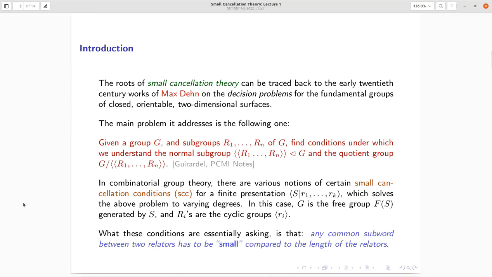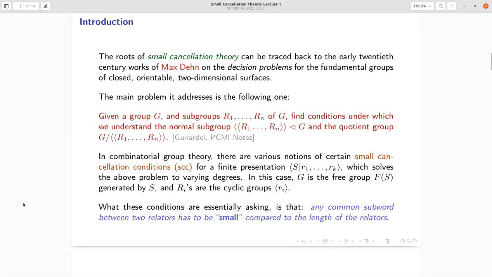What it does is it reduces the presentation, finally giving us a way to determine whether a word is trivial or not. It gives us an algorithm, starting from something which bounds a disk maybe.